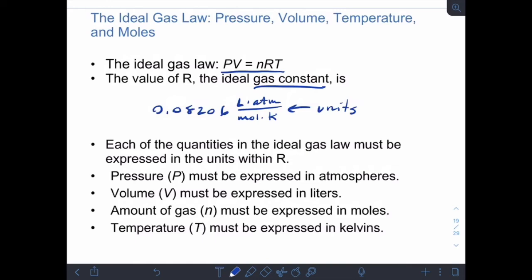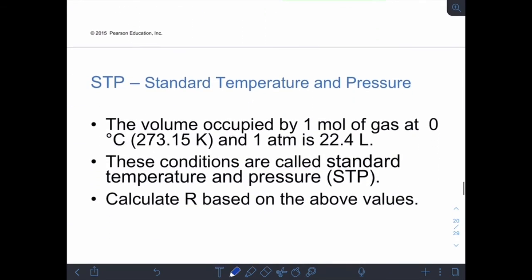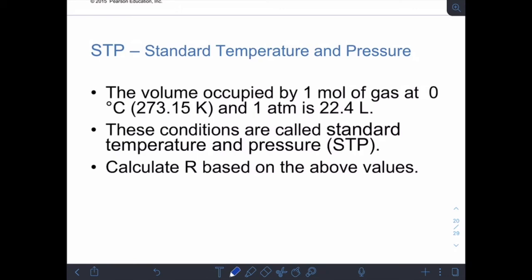Some students have referred to the ideal gas law as PIV-NERT, which I found really amusing the first time I heard it because it never occurred to me. But PV equals nRT, ideal gas law. STP stands for standard temperature and pressure.